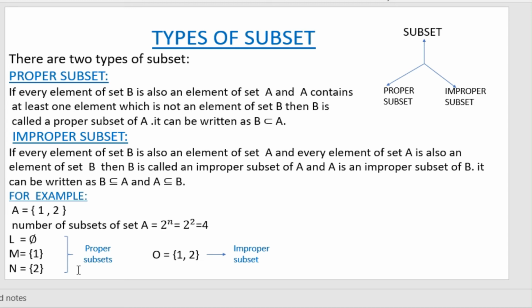In the same way, if a set has 4 elements, we can make a total of 16 subsets, because 2 raised to the power 4 is equal to 16, and out of these 16 subsets, 15 will be proper subsets and 1 will be an improper subset.